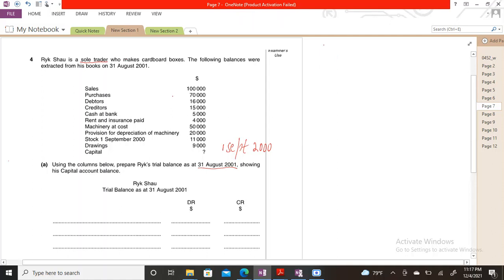The rule to make the trial balance is: debit all the assets and expenses. Assets are the resources of the business and they are divided into two parts, non current assets and current assets. In non current assets, the life is more than 1 year: land, building, machines, furniture.